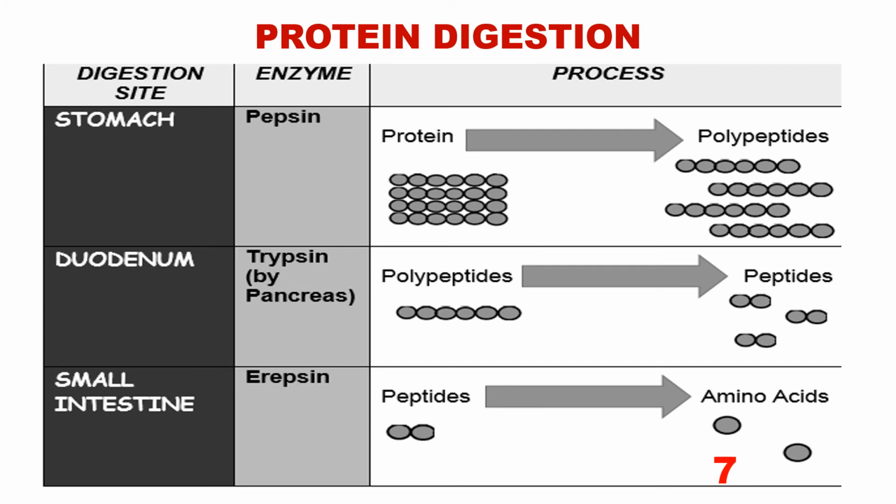These peptides leave the duodenum and get down into the small intestine, where enzymes act on them, breaking the peptides into the final product called amino acids. Amino acids are the simplest form of protein that can be absorbed into the body tissues of an individual organism.